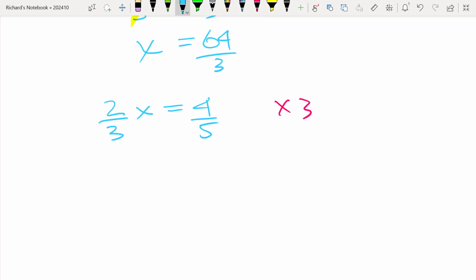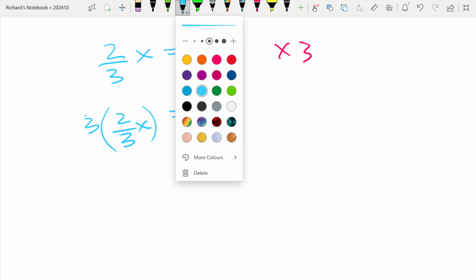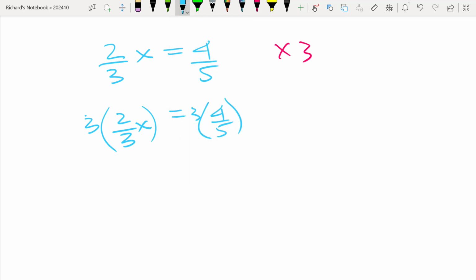Here's what's going to happen. I have 3 times 2/3 x equals 3 times 4/5. I'm going to multiply out this equation now. 3 times 2 is 6.